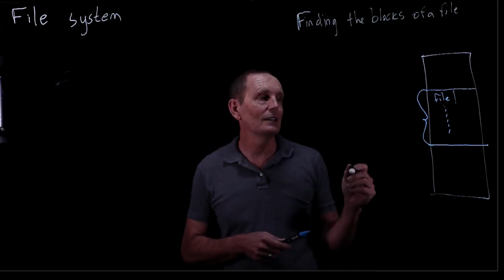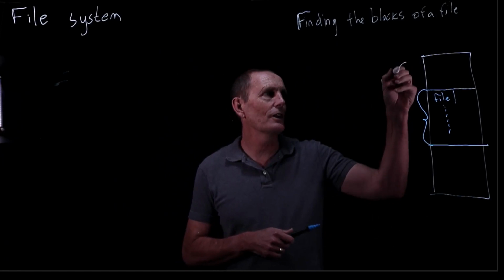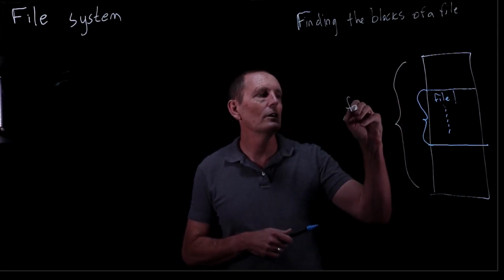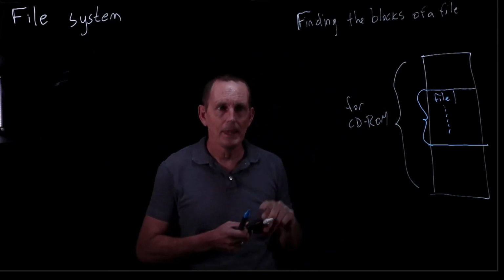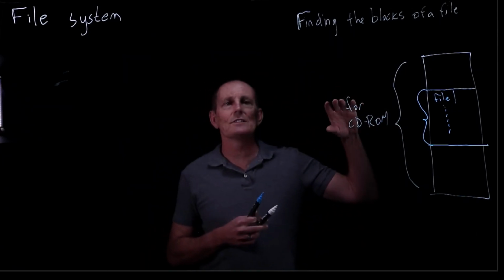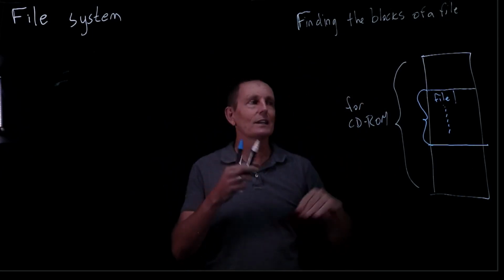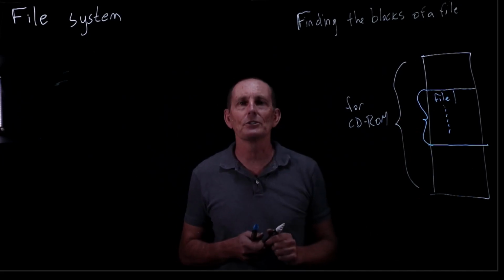However, this does work great for immutable media that can't be changed. So this is great, for instance, for a CD-ROM or a DVD-ROM, right? As we are building up the CD, building up that file system, we just read each file, find out how big it is, allocate that much contiguous space, read the next file, allocate it, and so on. That works great.